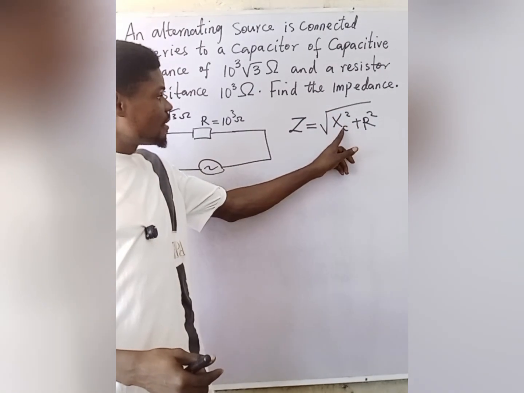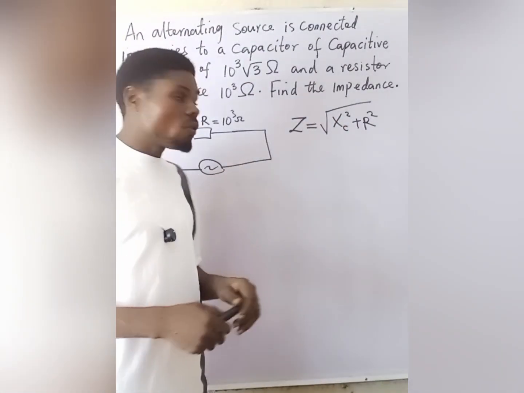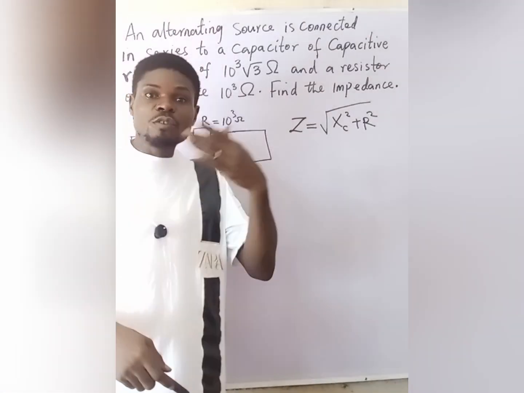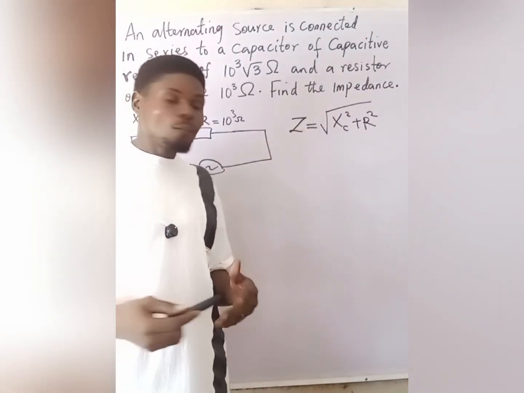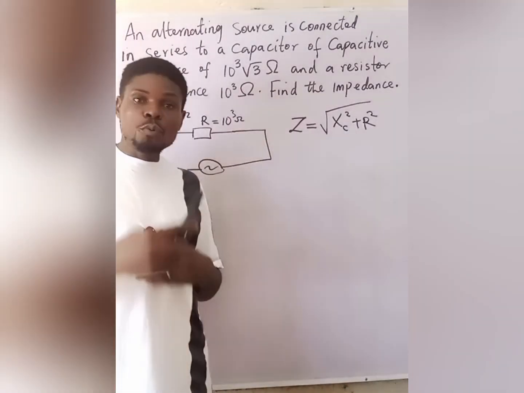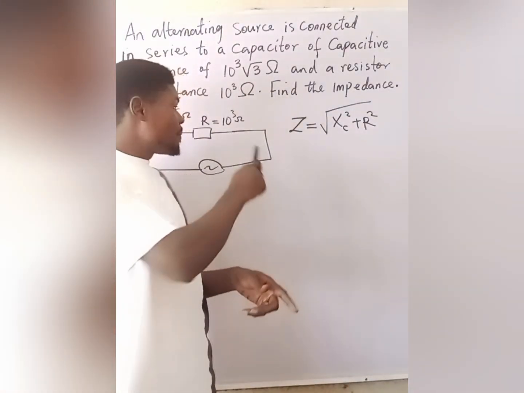Then this XC is the reactance of the capacitor, the opposition offered to the flow of current by the capacitor. Then this R is the resistance of the resistor, the opposition offered by this component.